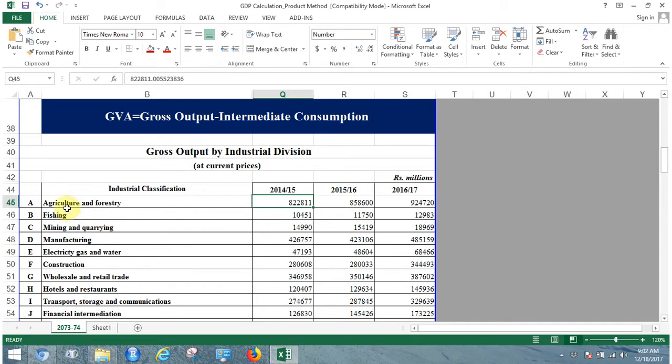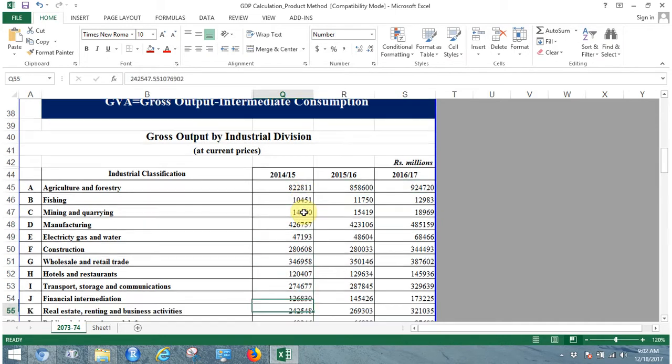The gross output of the agriculture and forestry sector in the year 2014-15 is 822 billion rupees. The gross output of the fishing sector in that year is 10 billion rupees. So the GDP estimating agency first estimates the gross output of all these 15 subsectors.